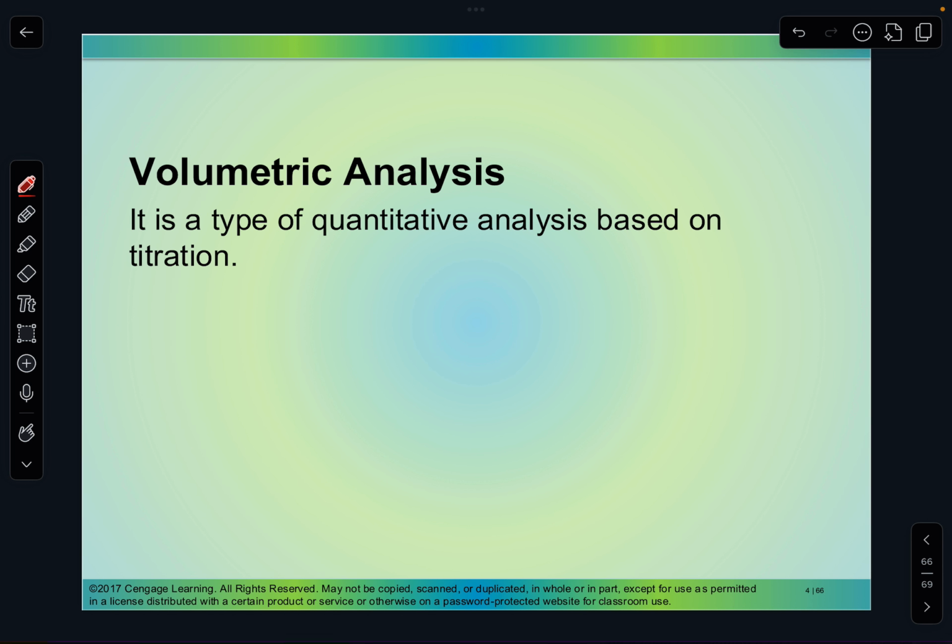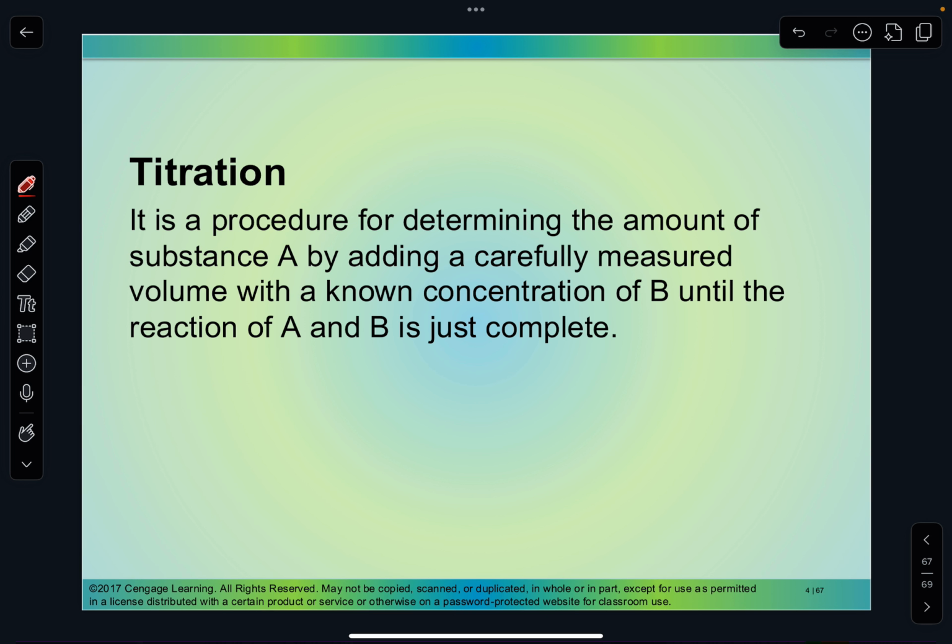Volumetric analysis is what we'll be doing this week, actually. It's a type of quantitative analysis based on titration. Titration is how we would determine exactly, using molarities, the exact amounts that we will be adding from one thing to another.